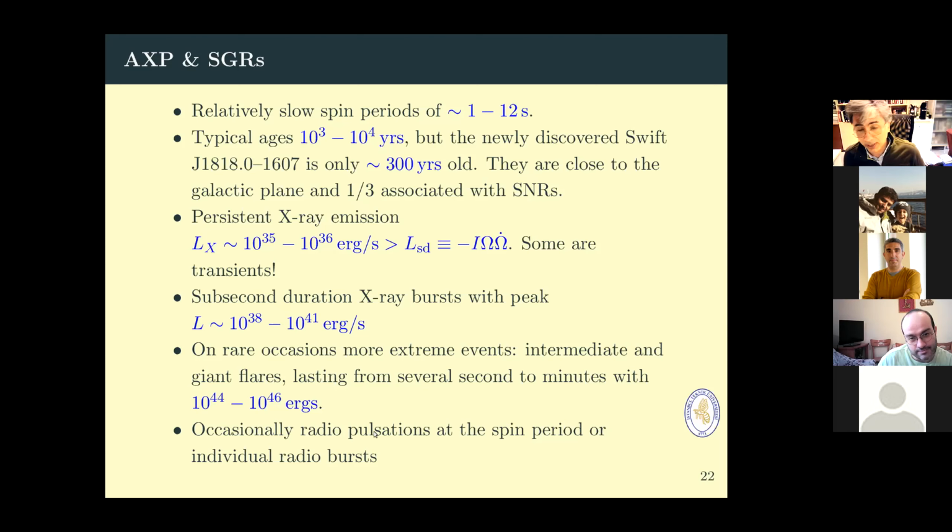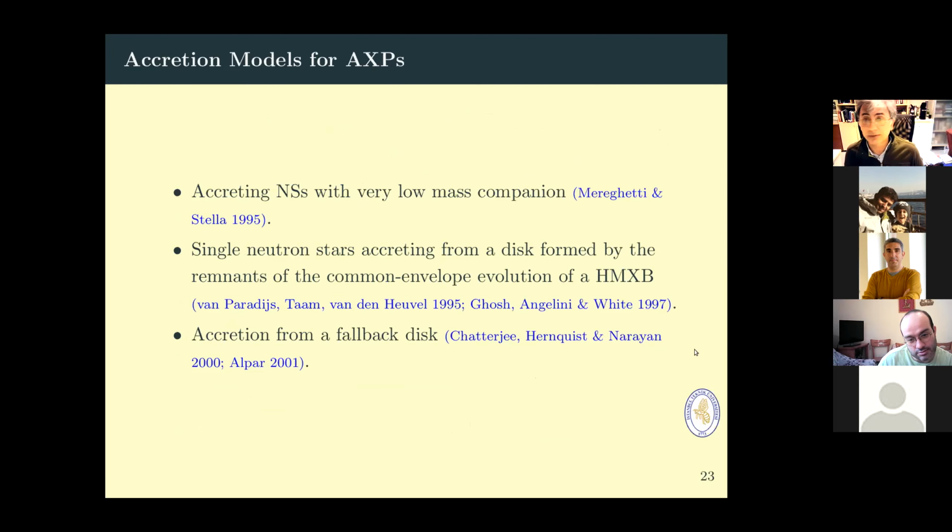And they occasionally show radio pulsations at the spin period or some individual radio bursts. First of all, there were accretion models for anomalous X-ray pulsars, when people thought they were accreting X-ray objects.